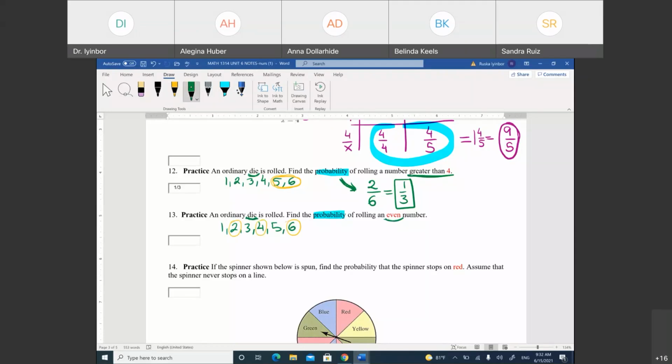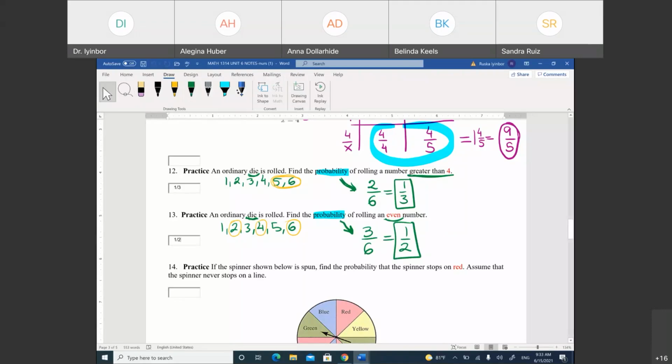So what is the probability? How many even? 3 out of 6, which is half. Half of them are even, yes. Okay, everybody understanding that? Do you guys have questions?